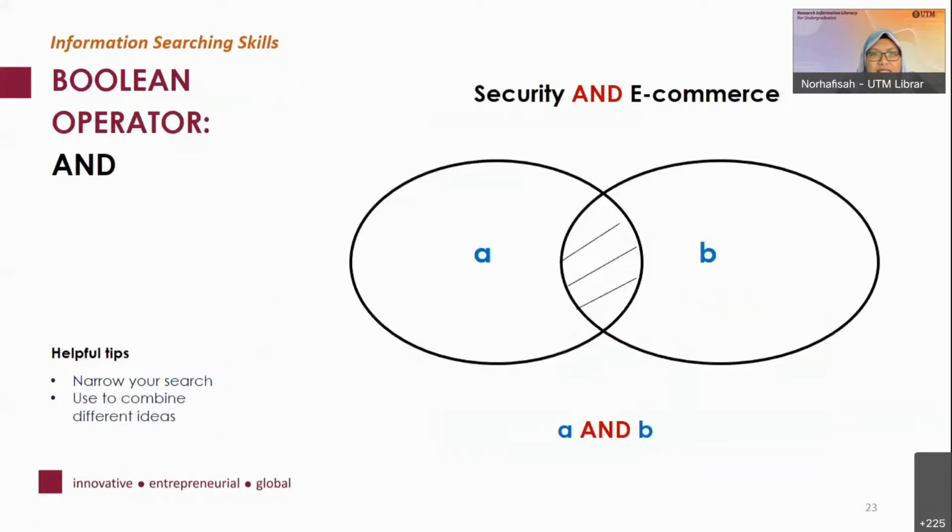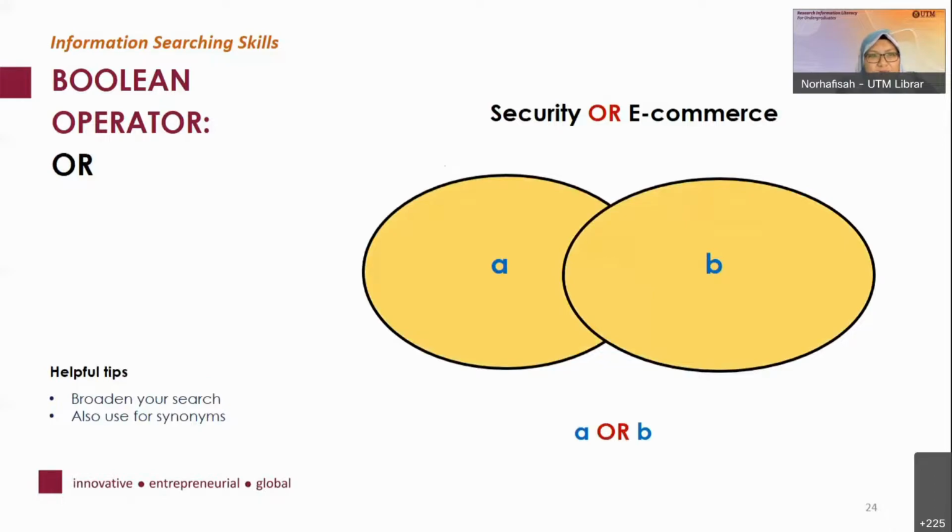This is the Boolean operator, and this is AND. For example, security AND e-commerce. We use AND to narrow our search. If you want to combine different ideas, you can use AND. Next is OR.